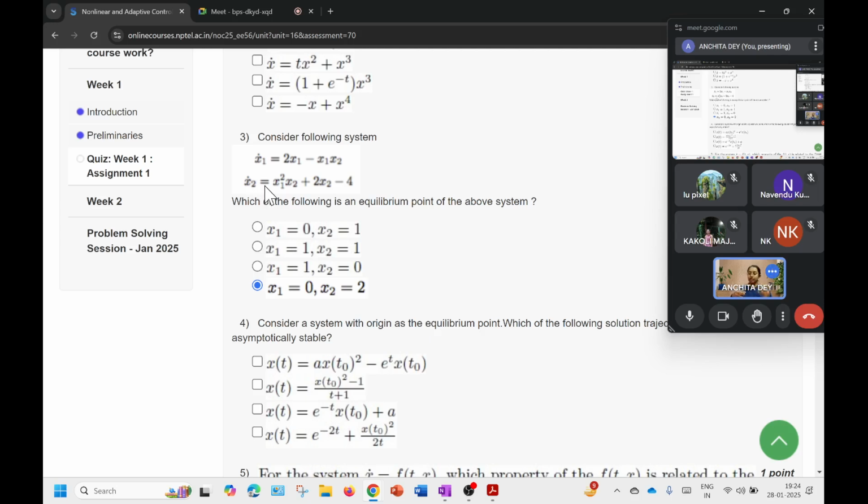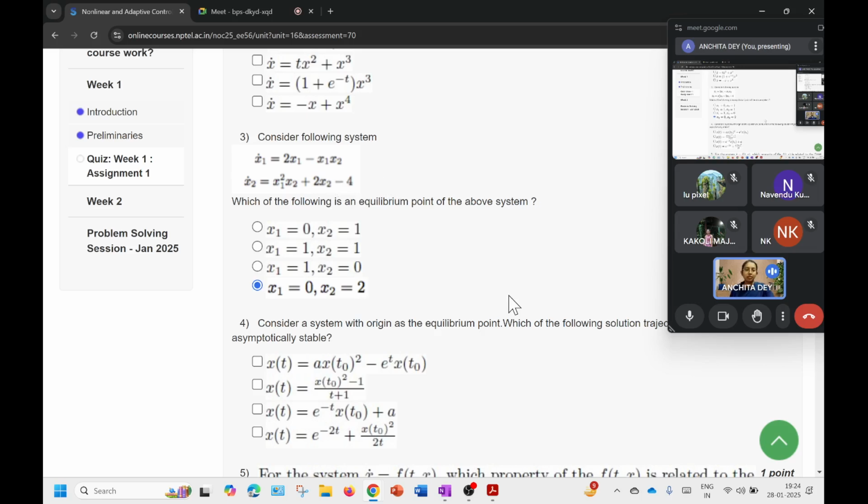That means if your states reach the position (0, 2), then it won't be moving anywhere further unless you're forcing it to move in some direction. Okay, it will just stay there forever. So that means this is an equilibrium point for the given system.